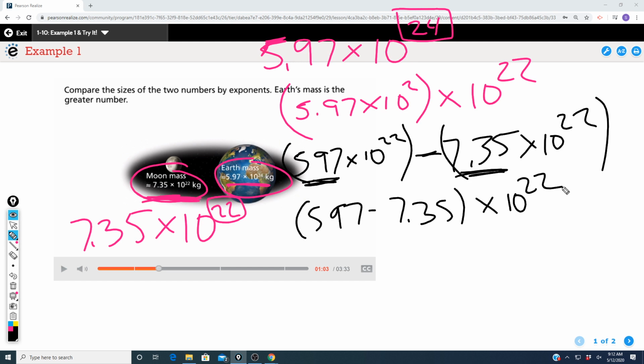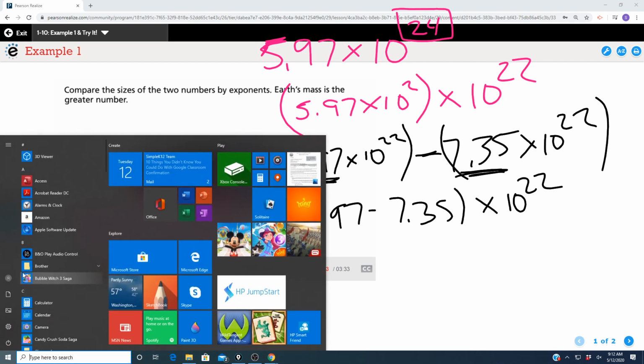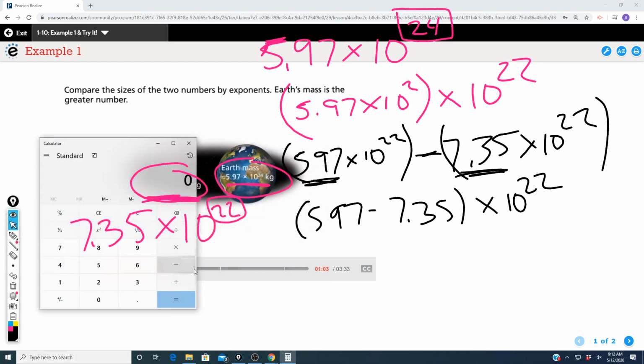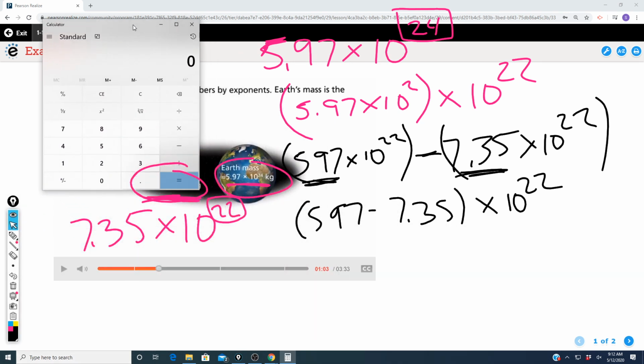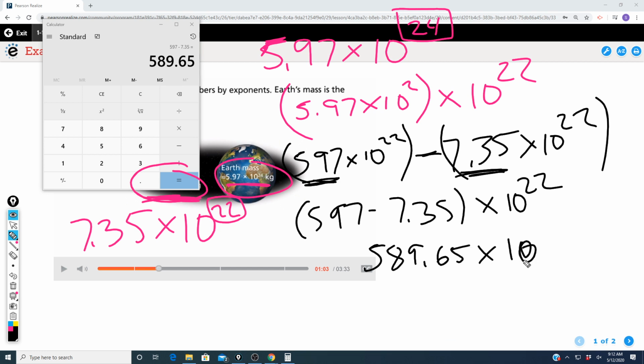With scientific notation, we can do that when subtracting two numbers. So, what is 597 minus 7.35? It is 589.65. So it's 589.65 times 10 to the 22nd.